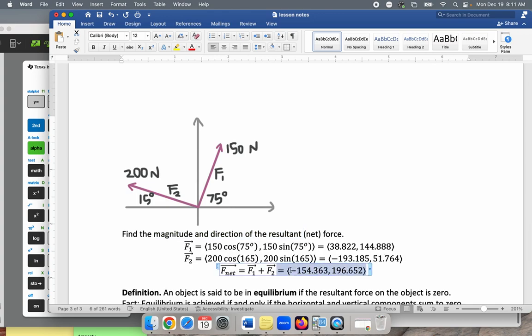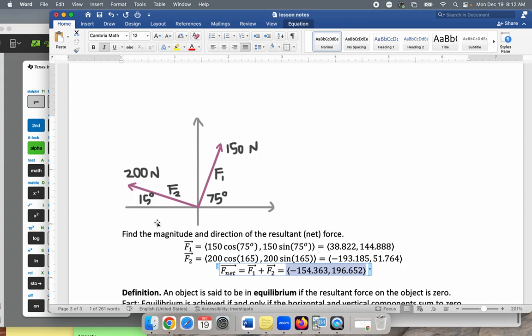And then the problem says to find the magnitude and direction of the resultant net force. So technically what I have to do now is find the magnitude of this, which is going to be the square root of the sum of the squares, and then I have to find the angle, which you can figure out by thinking about the tangent of the angle. But I've already done examples like that, so I think that you can do that on your own.